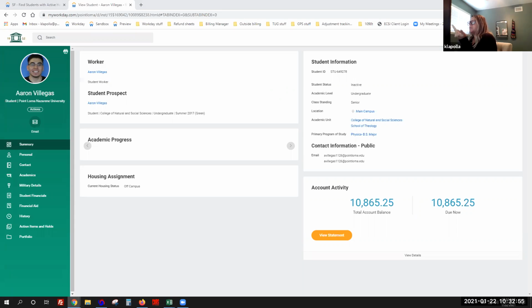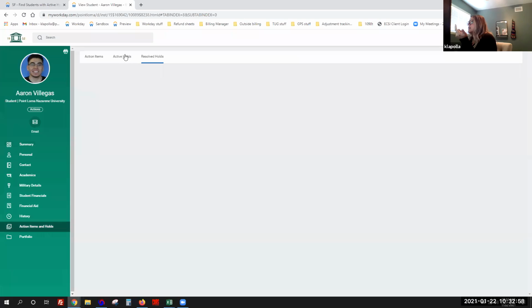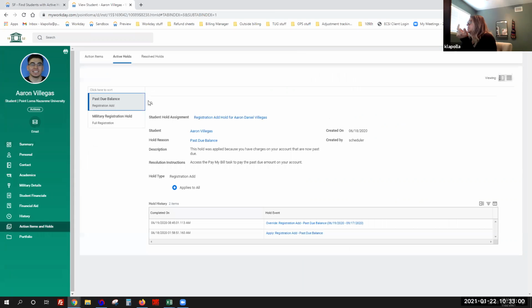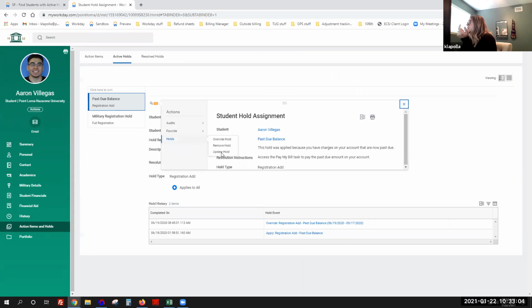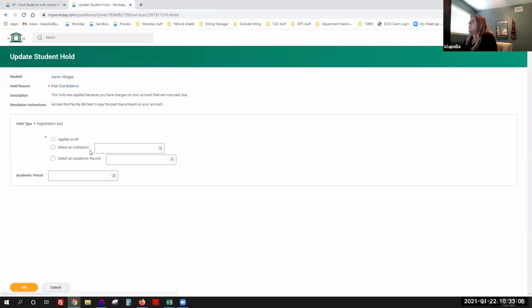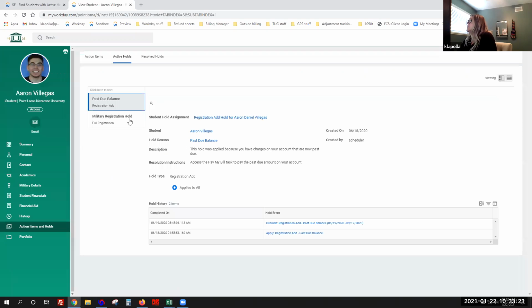Update hold doesn't really do anything because if you look at your options, the only thing you can really change is the institution and the academic period, and it's not specific to the academic period, it's just specific to the balance. So this doesn't really do anything. Just ignore update hold. We're not ever going to use it.